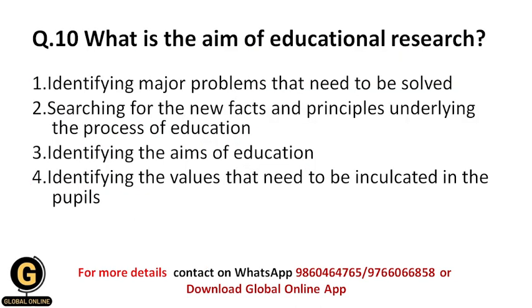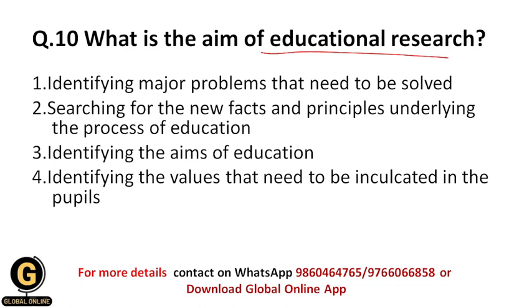Okay, what is the main aim of educational research? There are lots of research types, and subsequently in the further videos we are going to see them. Whenever we are dealing with educational research, what is the aim of that research?